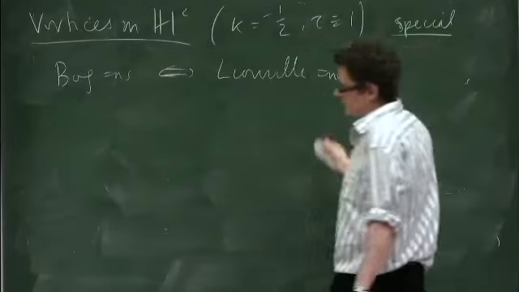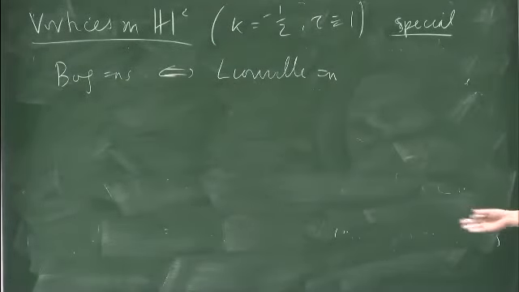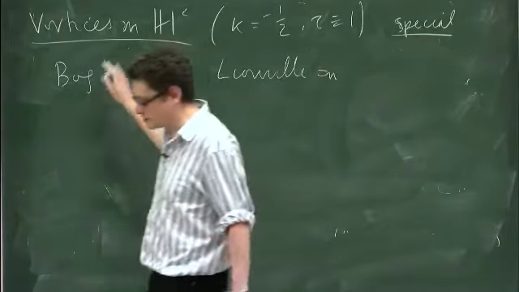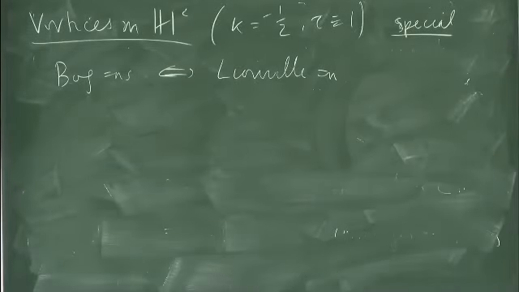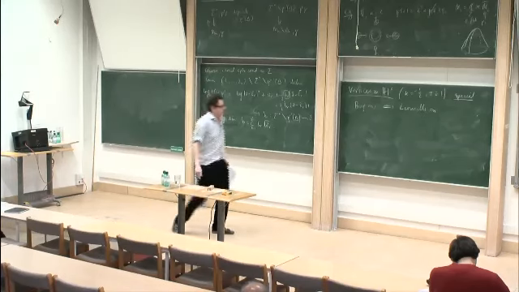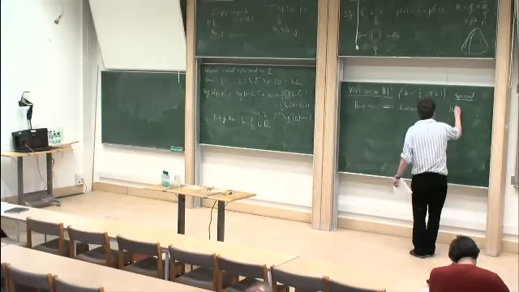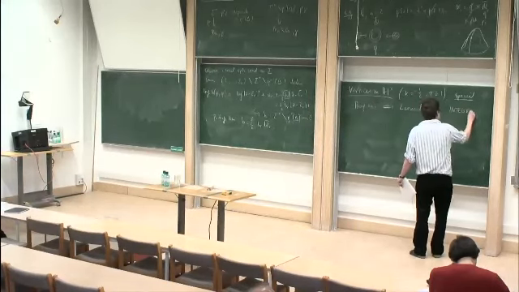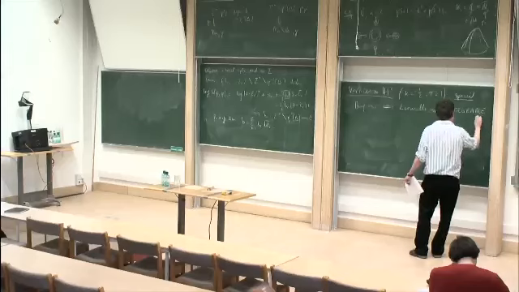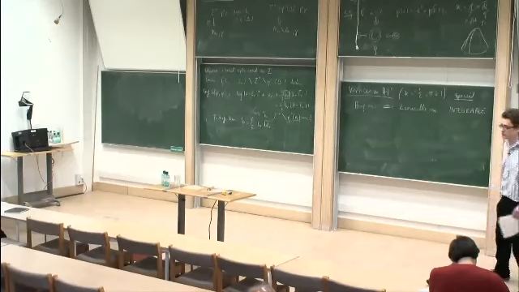And another way of being tipped off that this is likely to be special is that actually you can write the Bogomolny equations as a symmetric reduction of self-dual Yang-Mills theory as well. Okay, so there are different ways of seeing it, but the Bogomolny equations are integrable. And even better than being integrable, you can integrate them, which is of course not the same thing.